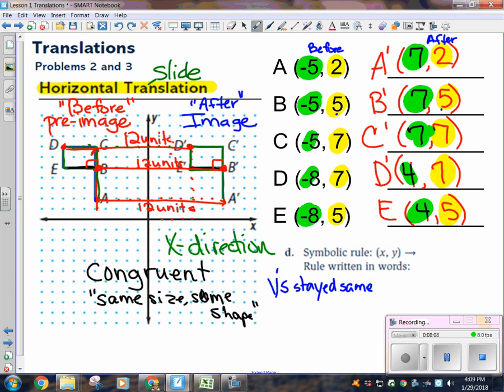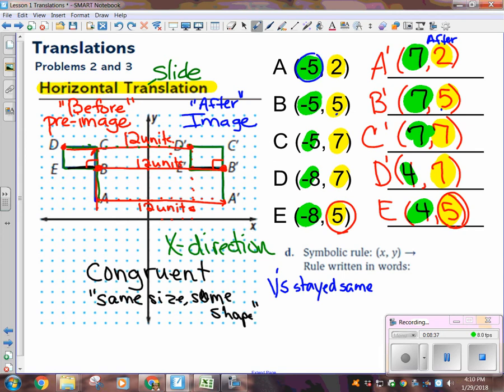So here's what I need you to know. It looks like the y's stayed the same. Again, 5 stays 5. X's, though, moved. How did those x's move? Or change would be a better way to describe it. Well, we've already said that it looks like we slid it 12 units to the right. I wonder what I would get if I added 12 units to the x's.